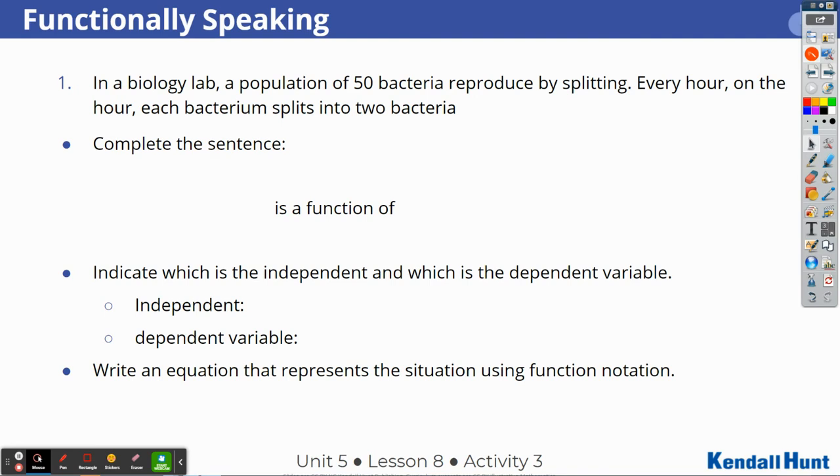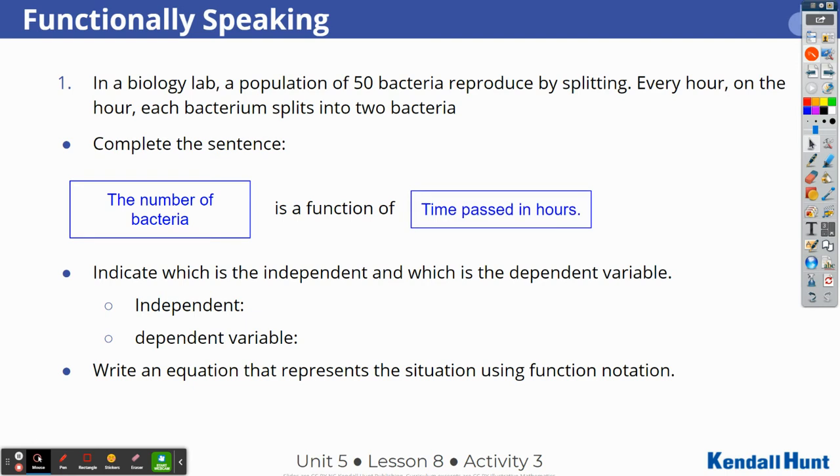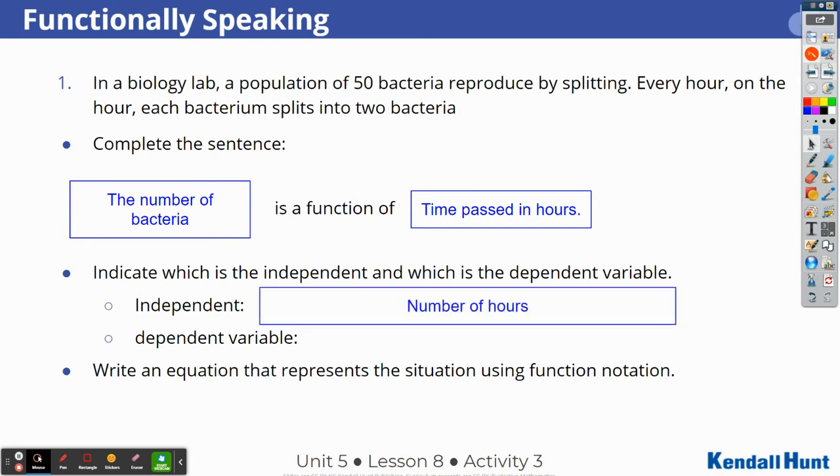And so time is almost always your independent variable. So for this one, it would be the population of bacteria, or the number of bacteria, is a function of the time passed in hours. Okay, so our independent variable here is time in hours, or number of hours, and your dependent variable is the number of bacteria.